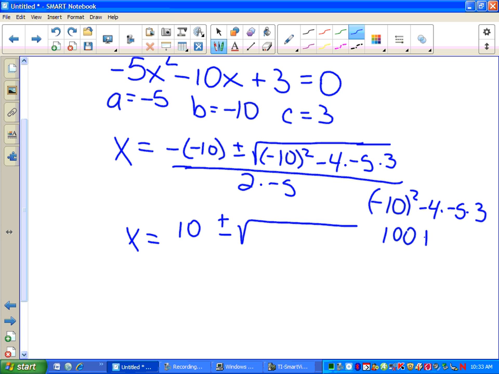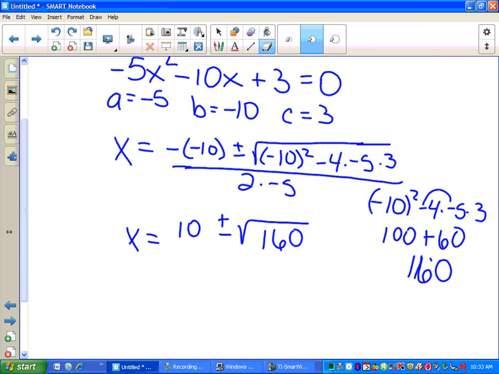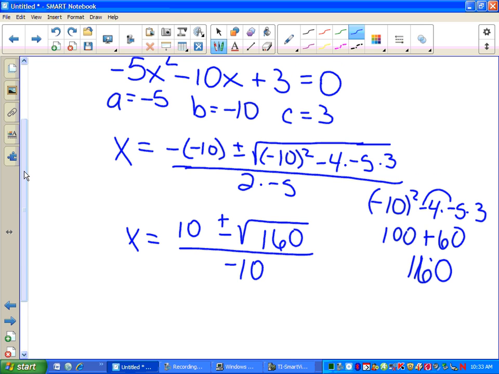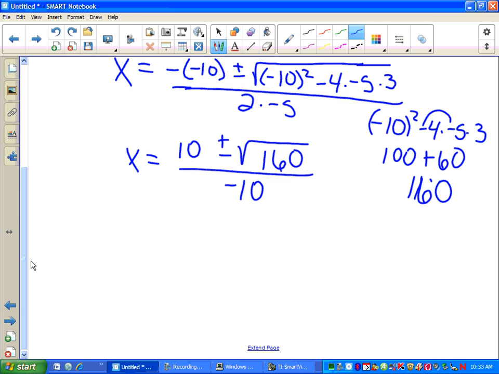Those two negatives are going to make addition, because a negative times a negative is a positive. And that's 20 times 3, that's 60. That's 160 to go under the square root. Ooh, mine's way too long. Let's erase that. All over negative 10. You agree?